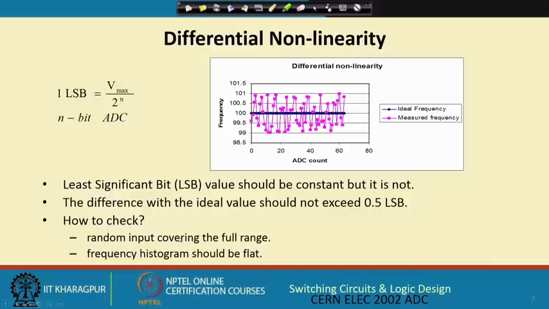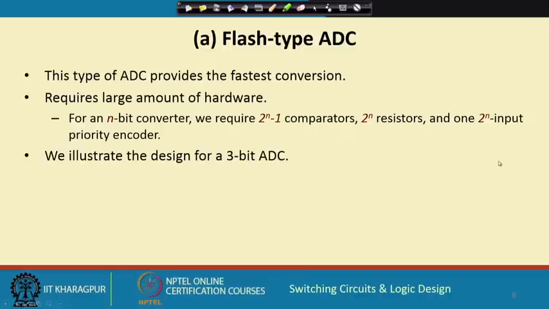The frequency histogram should be equal across all values, but if there is a differential nonlinearity, it will not be the same, because the ideal frequency should be flat like this black one shows, but for differential nonlinearity you will see that it may vary. These are some of the errors related to the AD converter. You need not worry too much about these things now. Just remember that this kind of errors can take place.